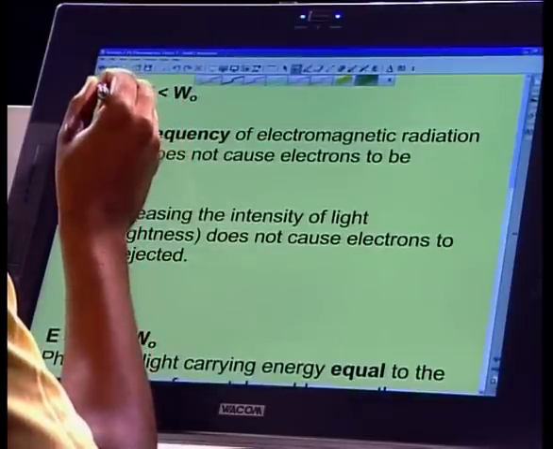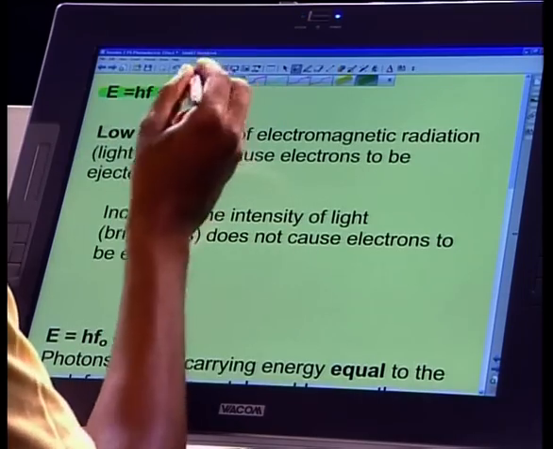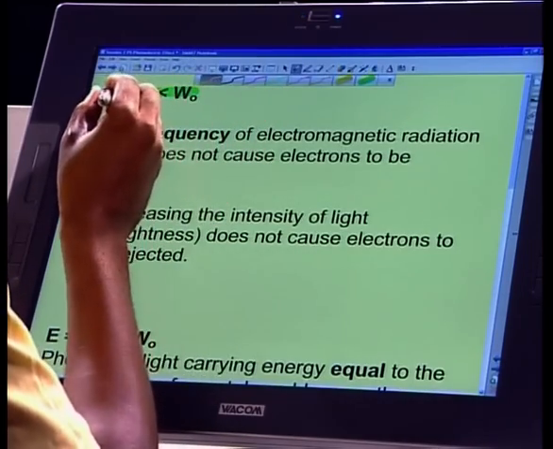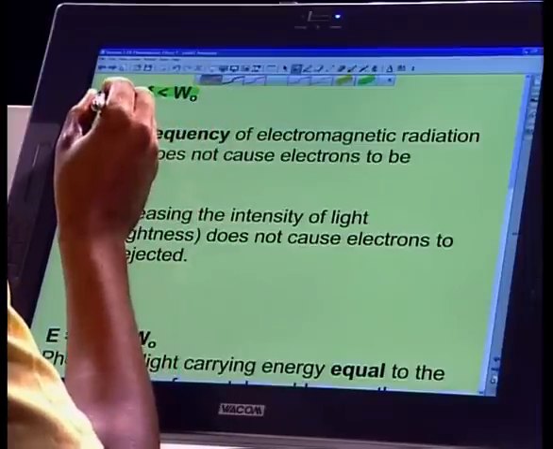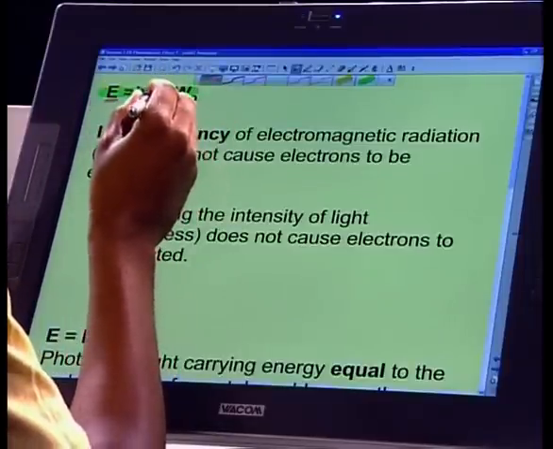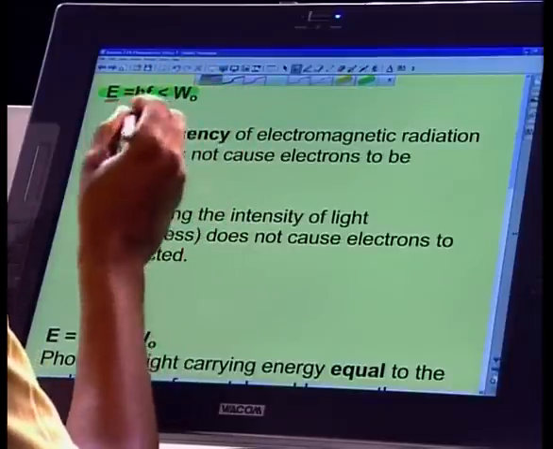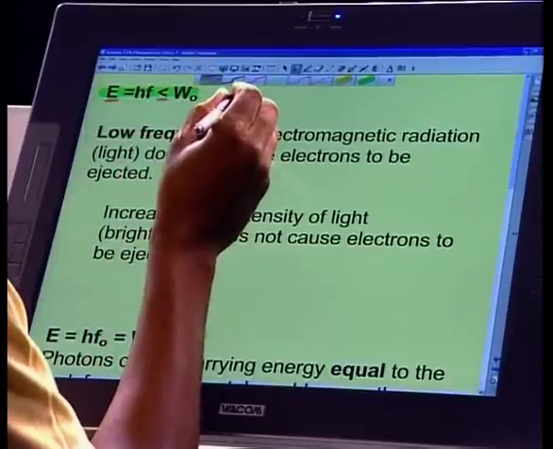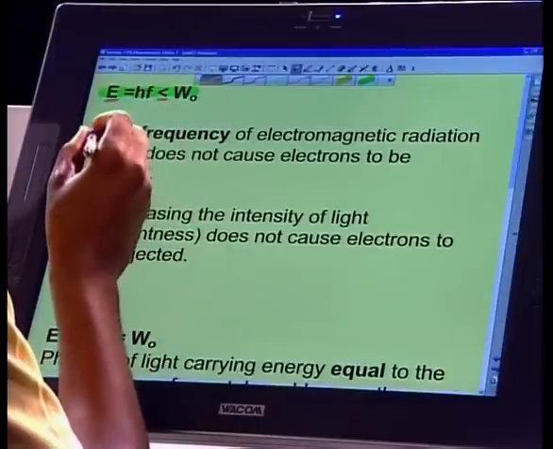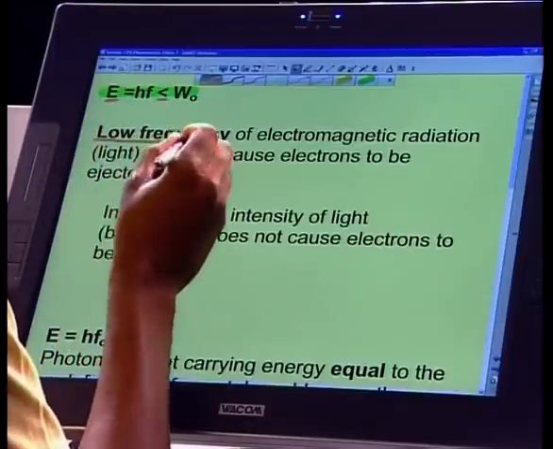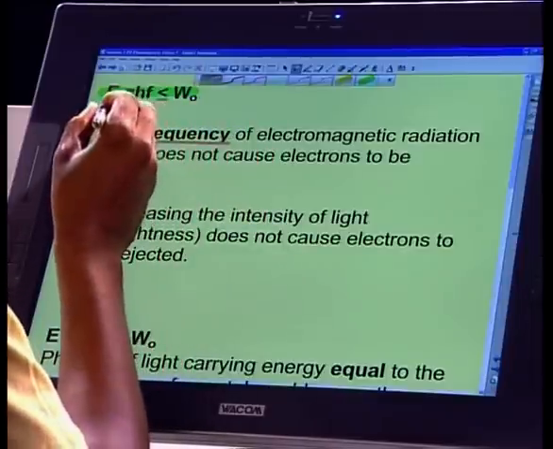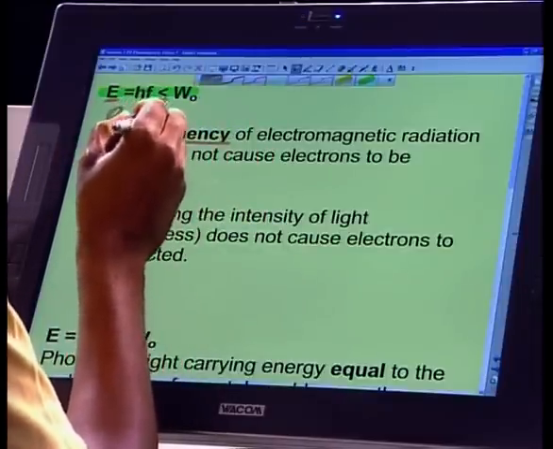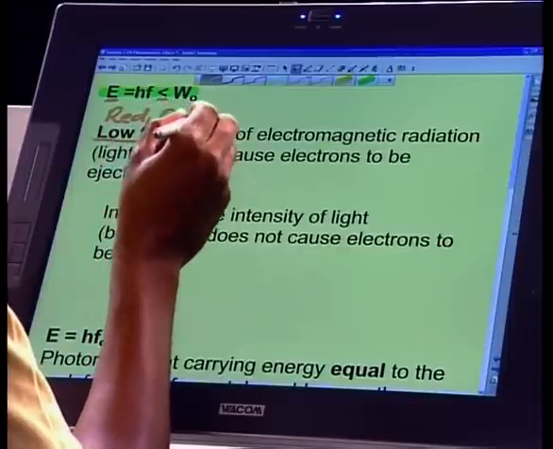Let me now give you a quick summary of what we've been talking about with regard to the 3 conditions. 1, we have this condition where the energy carried by the photon of light is less than the work function. And we said here, no ejection of electrons at all. This happens when you have light of low frequencies, such as red, orange, in that region there.